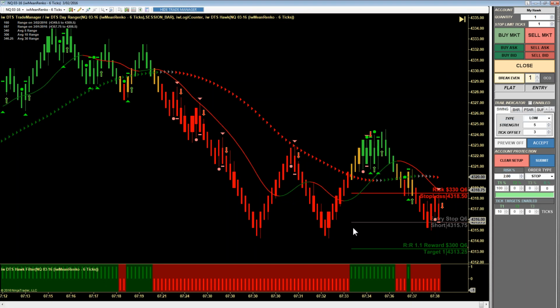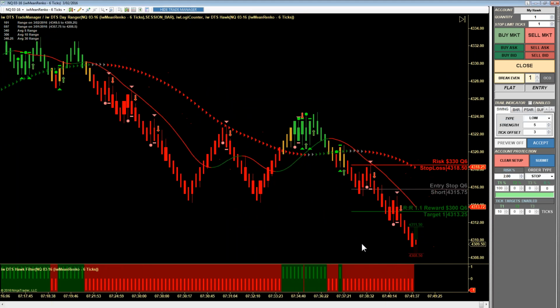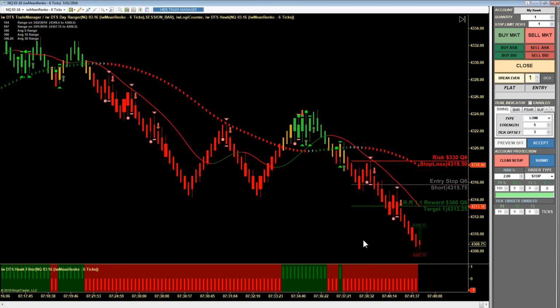And yet most traders jam their stops in so tight that they end up strangling their trade before the trade even has a chance. Now with the DTS system, it's very good at picking up initial momentum, but we've all been in those trades where you get tagged on a little bit of a reversal only to see the market continue lower without you. So the correct way for you to manage your stops is to control your risk and then adjust your position size accordingly.